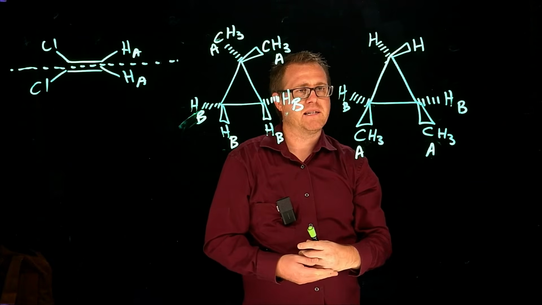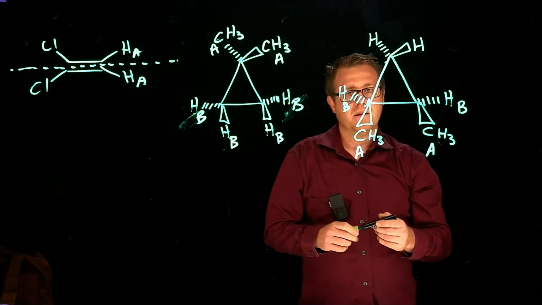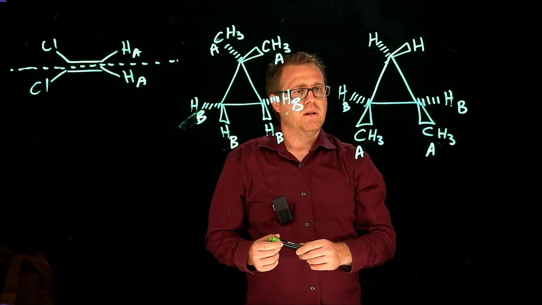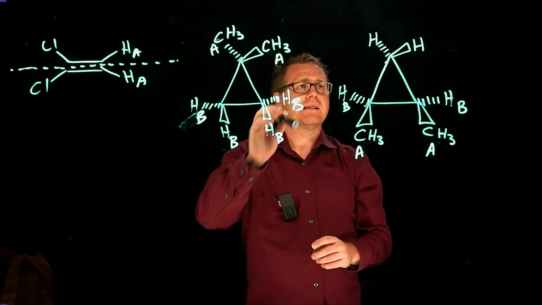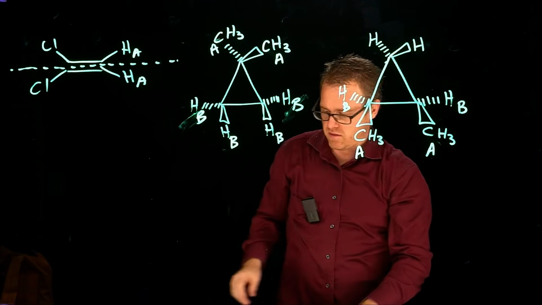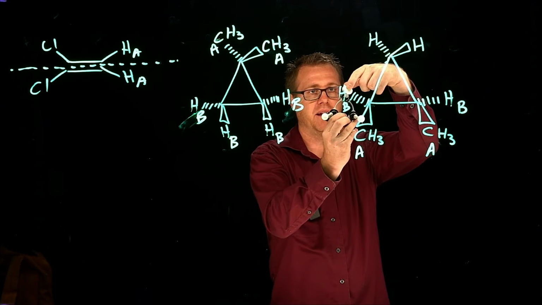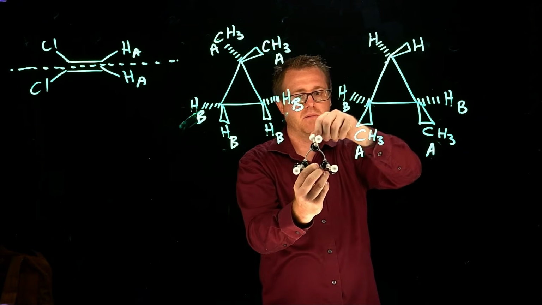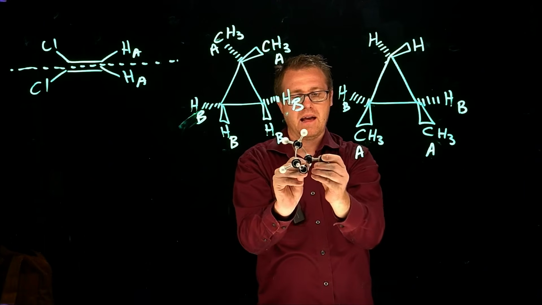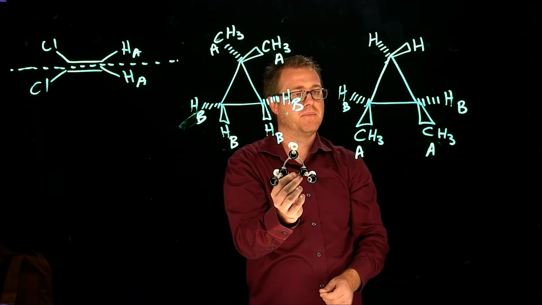If you do a quick replacement test, you'll be like, hey, those are constitutional isomers. Okay, so what's the relationship between those two? Well, is there an axis of rotation between those two? Before, after. So no axis of rotation because they're clearly different.